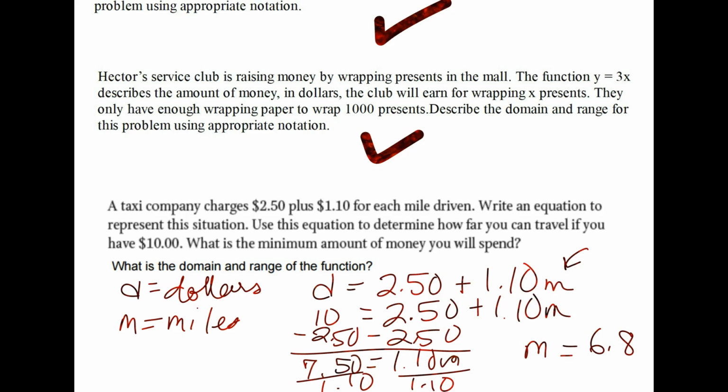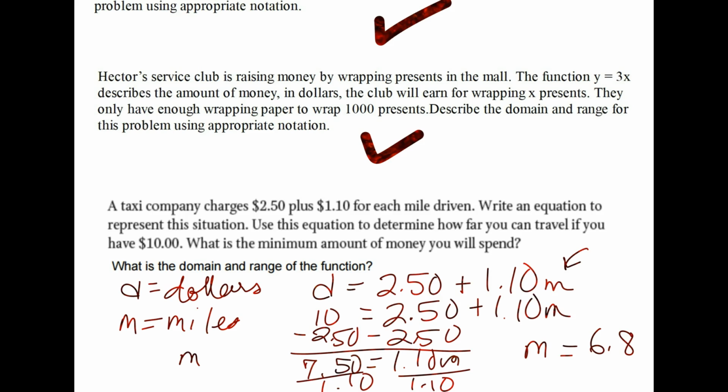So let's talk about this. D is for dollars. D is our range, and M is for miles. M is our domain. All right. So when we're talking about the domain, because we're going to deal with that first, what is the least amount of miles you can go? All right. So I can go 0 miles, and because miles are not restricted to integers, meaning that I can't only go 1, 2, 3 miles.